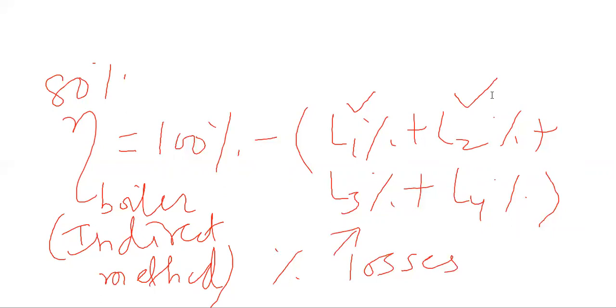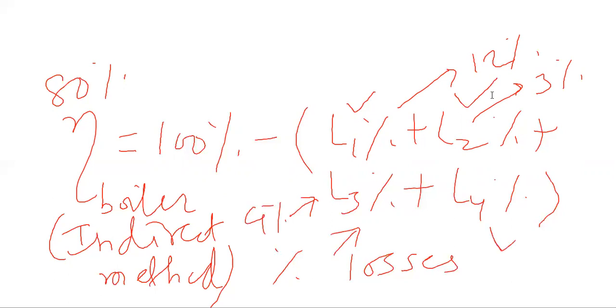So we had got 80%, and now let us say from this analysis we find that this is contributing 12%, this is contributing 3%, so 15. This is contributing some 4%, so 19, and this 1%.